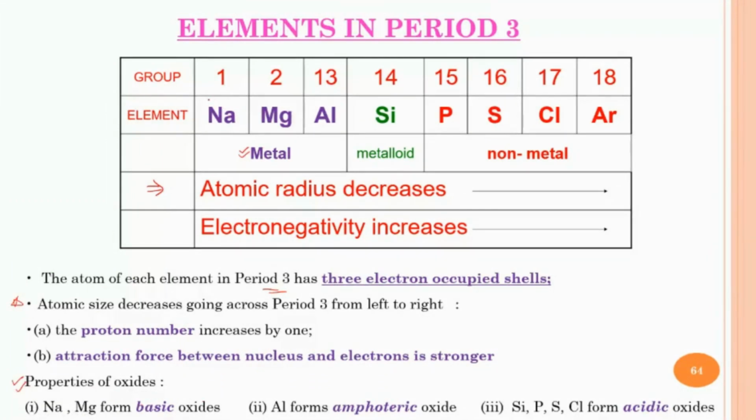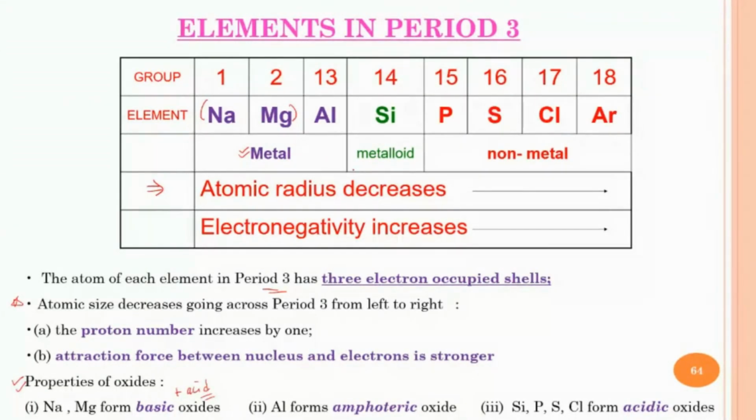Basic oxide means it will show properties of a base or alkali. How do you know that? It can react with acid, so when you react with acid, you will produce the products.